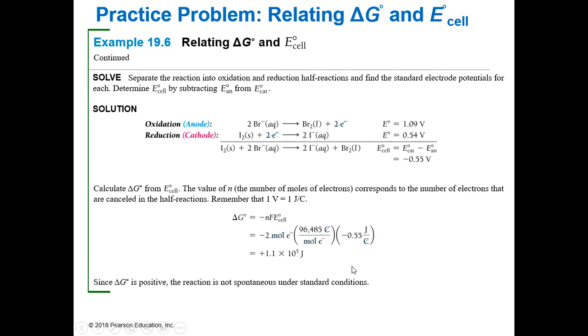So our coulombs cancel, our moles of electrons cancel, we end up having a delta G value that is in joules. We got 1.1 times 10 to the 5th joules. That makes sense that it's positive. We said positive is non-spontaneous. This E naught of our cell was negative, which means it's non-spontaneous. So overall, we were able to calculate our delta G.